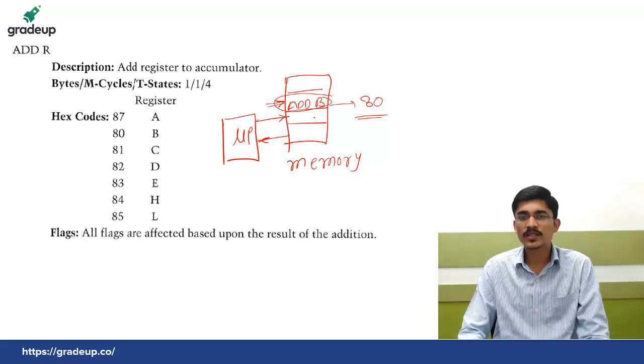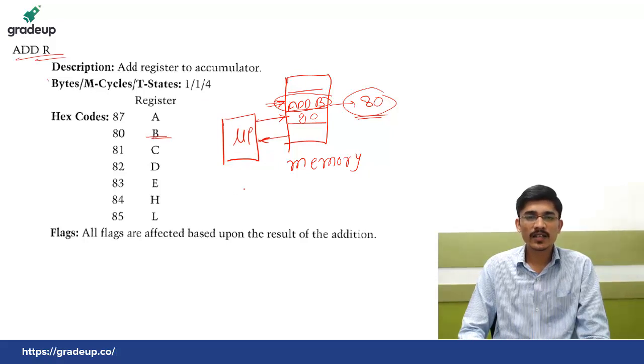Suppose in the next memory location it is again 80, the microprocessor will understand the difference between the data and the opcode, because by default it starts from the opcode instruction only. So by 80 it will come to know that it is nothing but ADD B. The microprocessor will understand that you have to add the contents of the B register to the A register.